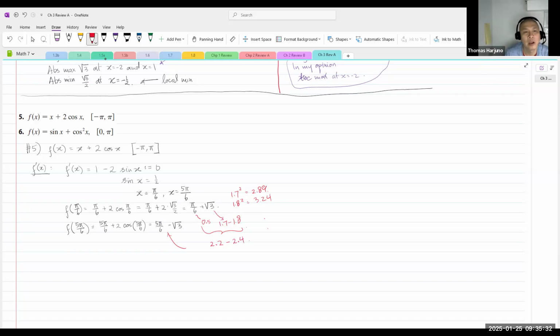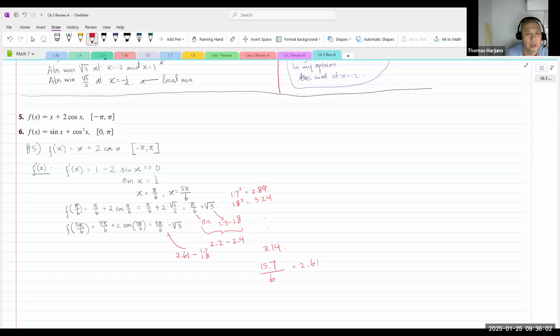So approximately, 3.14 times 5 is 15.7, divided by 6. That will be what? 2.61, approximately 2.61, minus a number between 1.7 to 1.8.